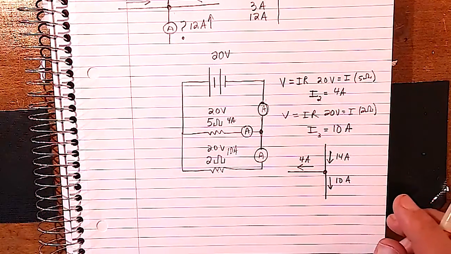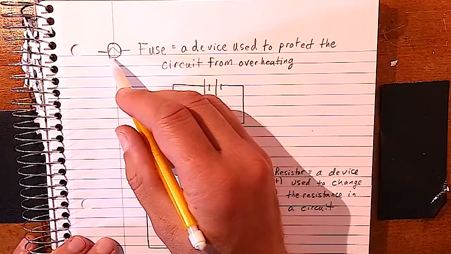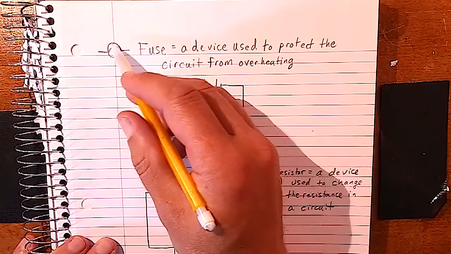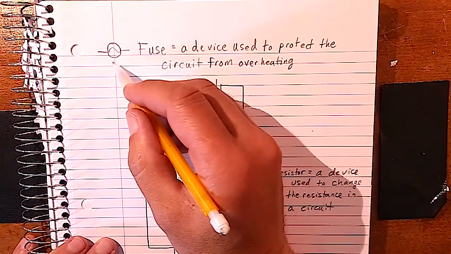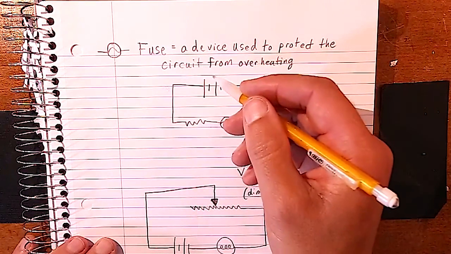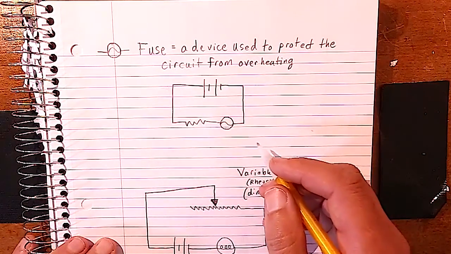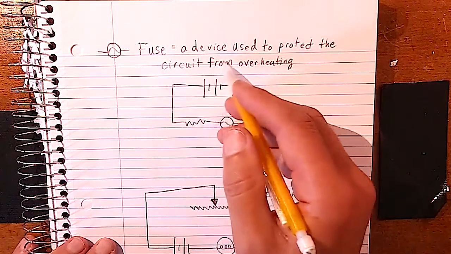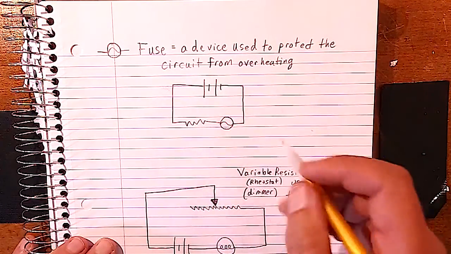It adds up. A fuse is represented by a symbol that looks like this. It's a circle with a little squiggle line, kind of like the Pepsi logo. And this is actually not on the reference table. However, the concept of the fuse is on the Regents, so you do need to understand this idea. And what is a fuse? All it is, is a device used to protect the circuit from overheating.